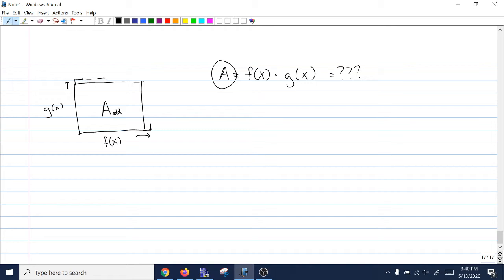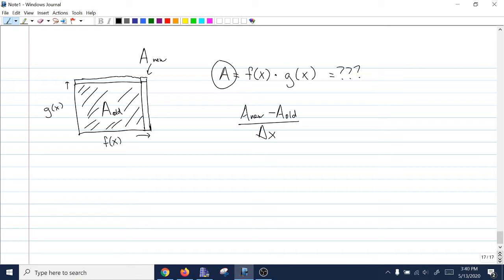And my new area is going to be this. So if I'm asking about the rate of change of the area, I want to know my new area minus my old area, and then I want to divide that by the change in x, whatever that is.